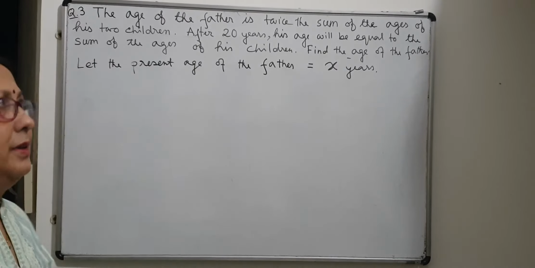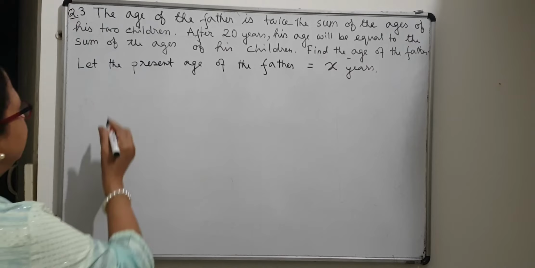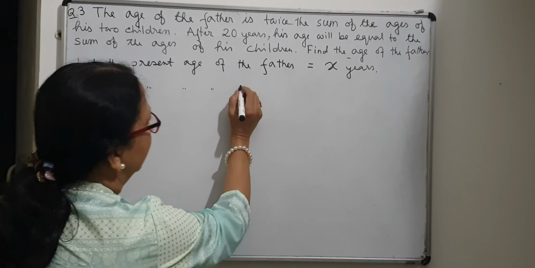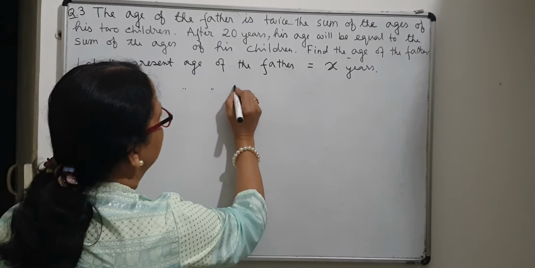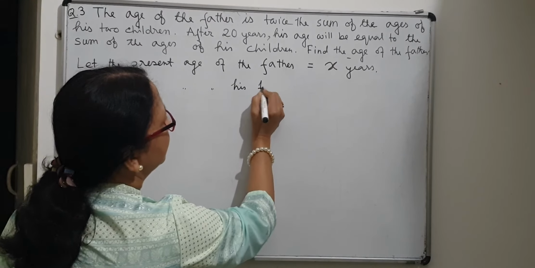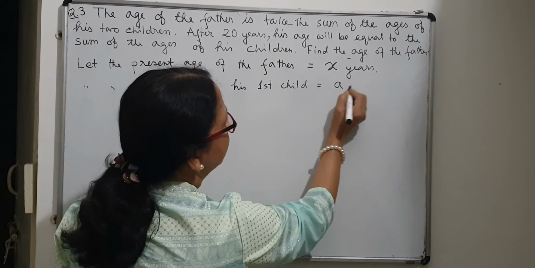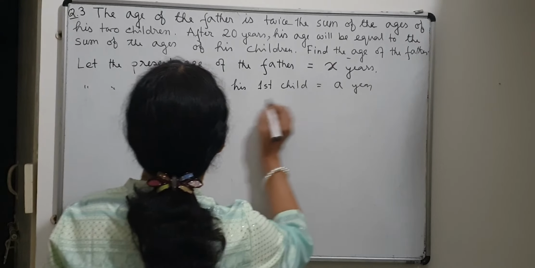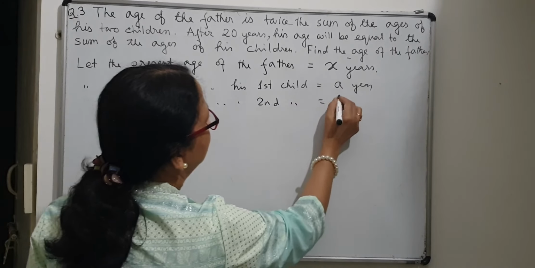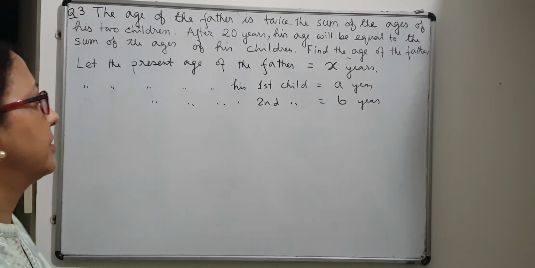Now he has 2 children, so let the present age of his first child be A years, and the present age of his second child be B years. Okay, we take them like this.